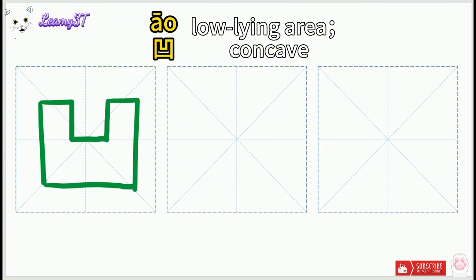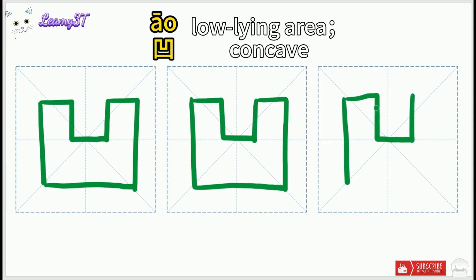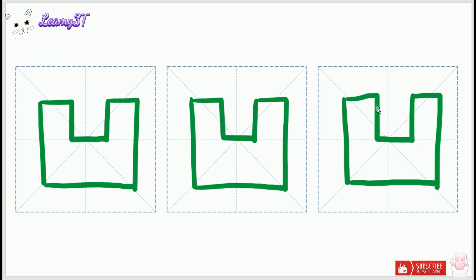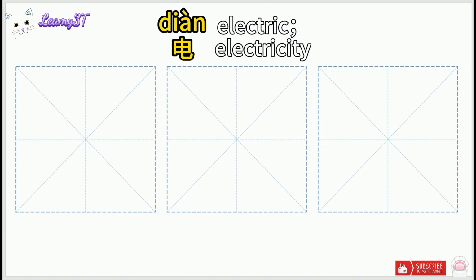Sorry, I'll just rewrite. 横折折横折横 This character is ao, ao, meaning a low-lying area or concave. The last character we will write is diàn, diàn, meaning electric or electricity.